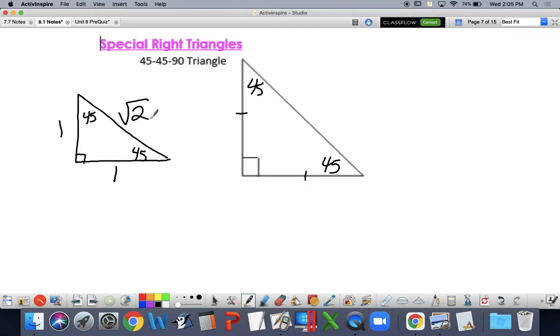If I were to do this with the Pythagorean theorem, 1 squared plus 1 squared equals c squared, take my square root. So these proportions are 1 to 1 to square root of 2. So I would label this as x, x, x square root of 2.